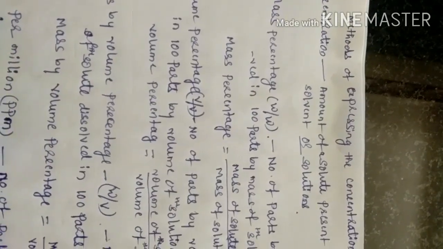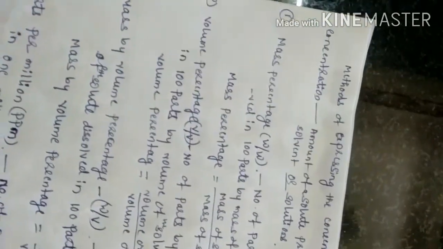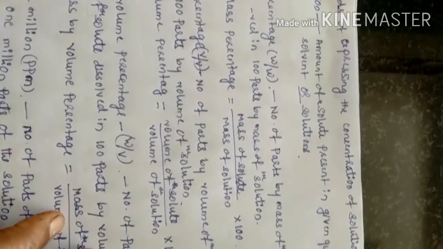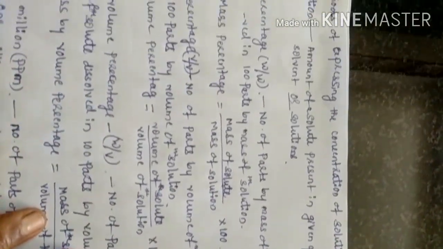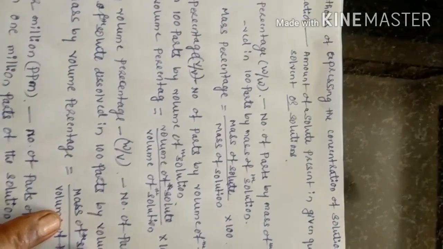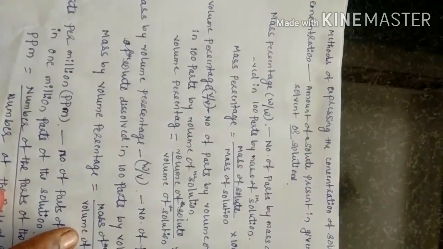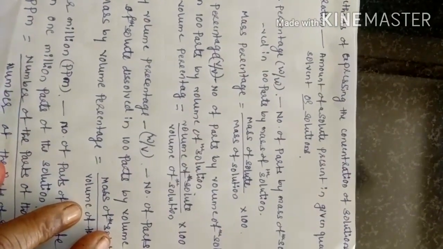Now, methods of expressing the concentration of solutions. What is concentration? Concentration is the amount of solute present in a given quantity of the solvent or solution. Concentration of solute in solution can be expressed in a number of ways.